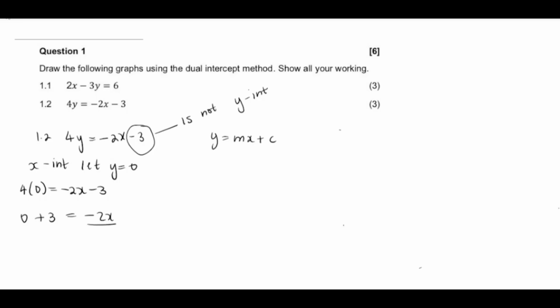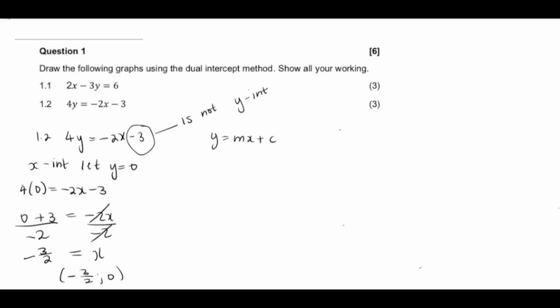And we divide by negative 2 throughout the expression. The negative 2 here cancels out, and we're left with x, and x is equal to negative 3 over 2. That means our x-intercept is negative 3 over 2, 0.